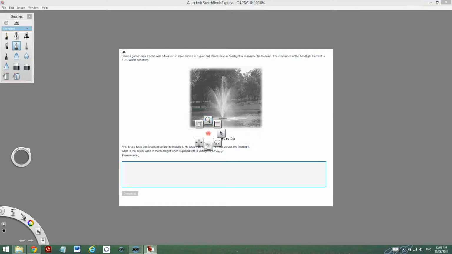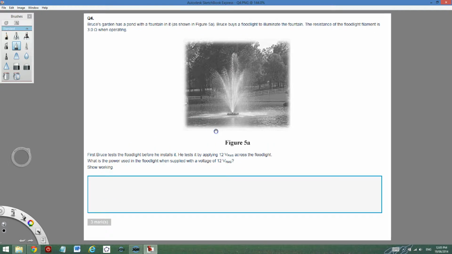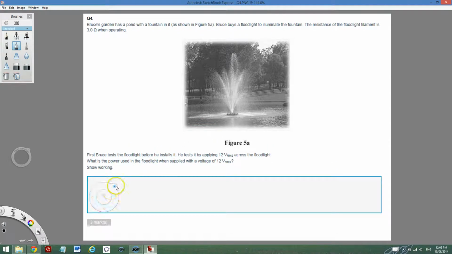So here is another question. This question is a little bit different, but it has a similar concept. We have a voltage, and we have a 3 ohm resistance.